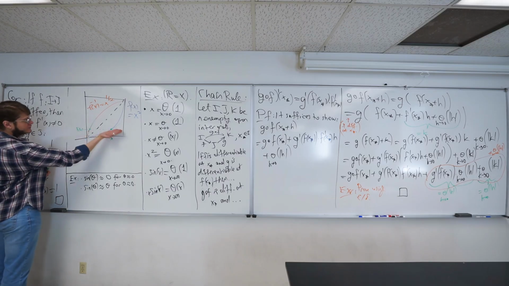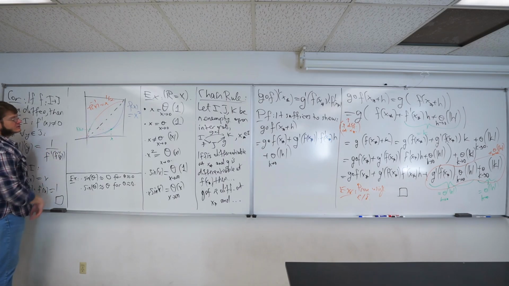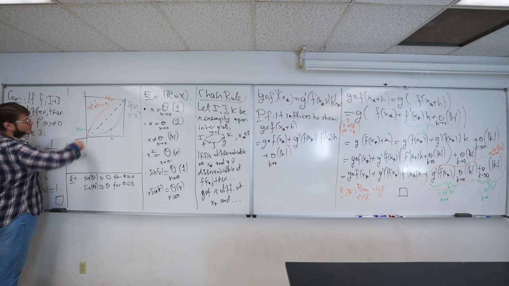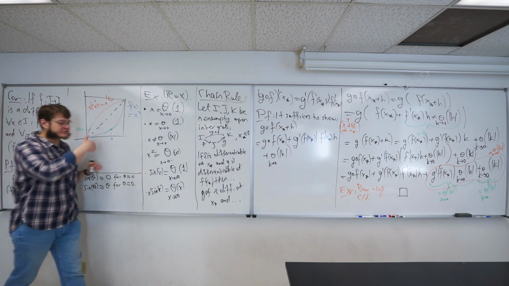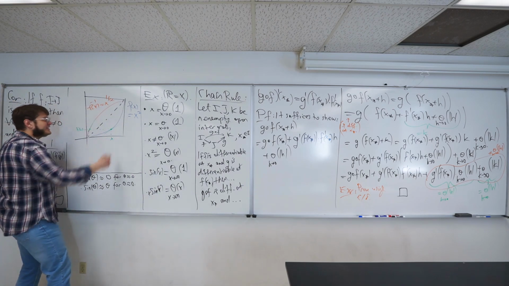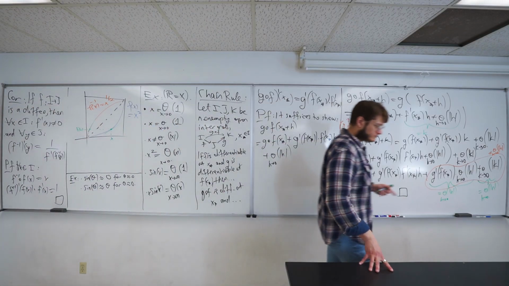So the slope of this is going to be sort of the reflection of this, geometrically speaking. And algebraically, this is the formula. The slope of the line tangent to the graph of f inverse is going to be the slope of the reflection of the line tangent to the graph of f at the corresponding point. Pretty cool.